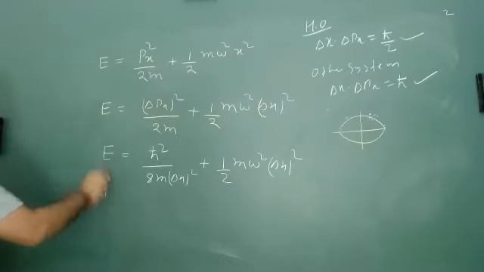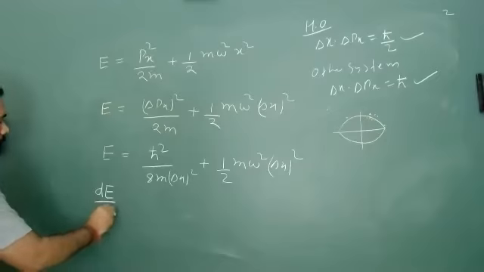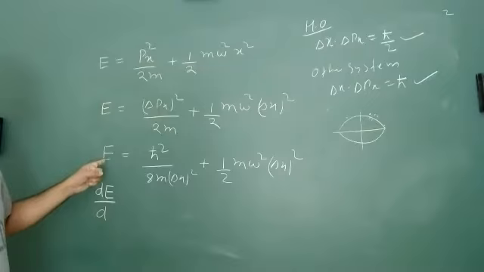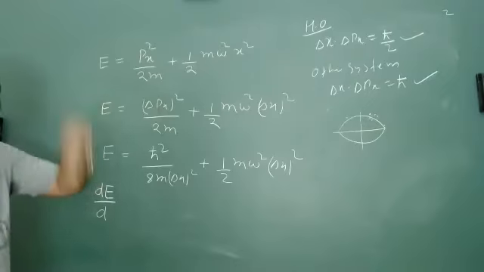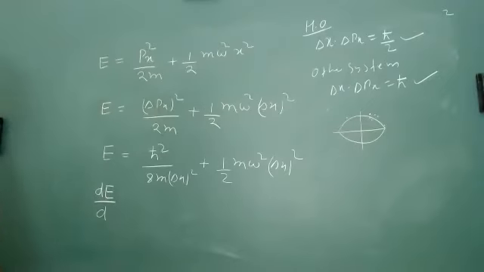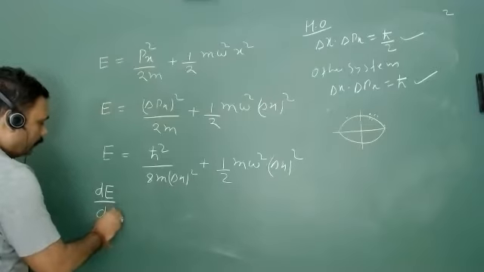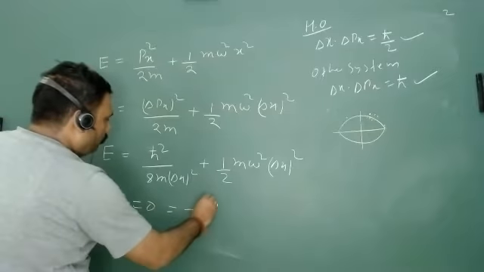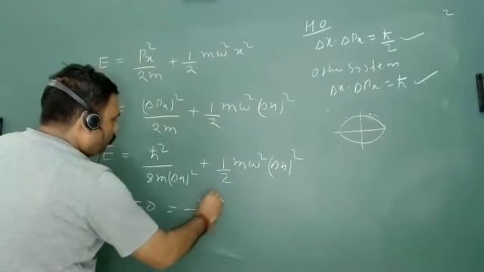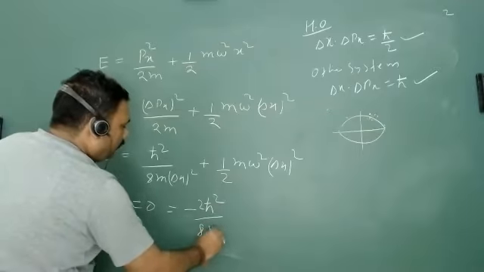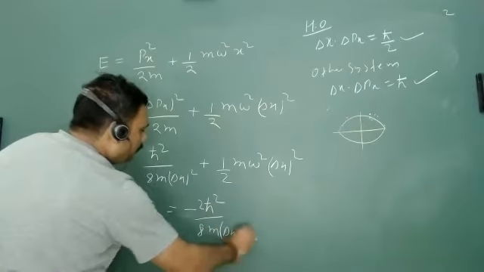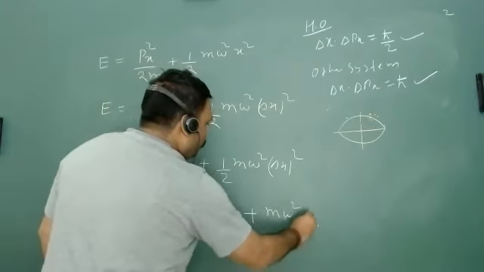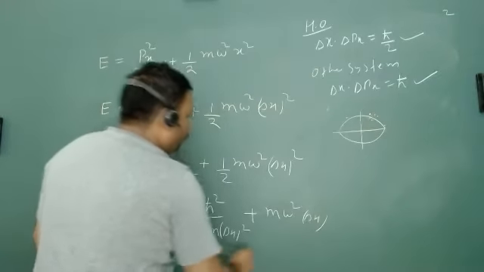Now we want the value of delta x such that we get the energy E, which will be minimum. This is the question. So delta E upon delta x is equal to 0, which will tell you minus 2h cut square upon 8m delta x cube plus m omega square delta x.